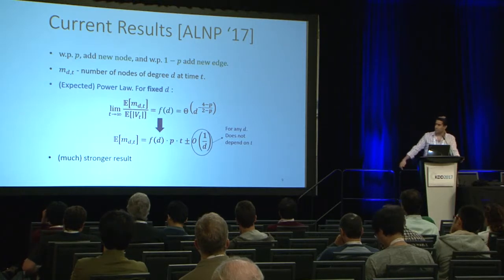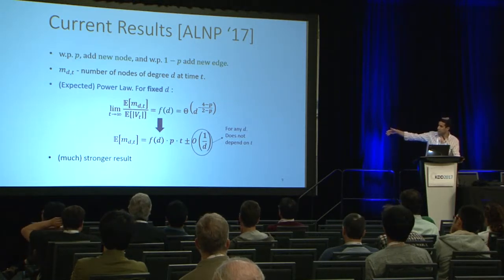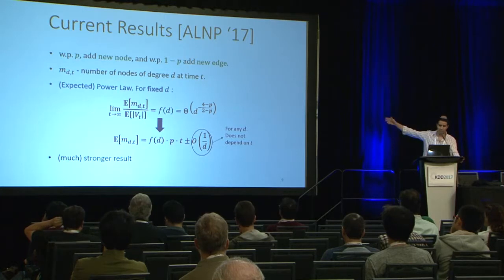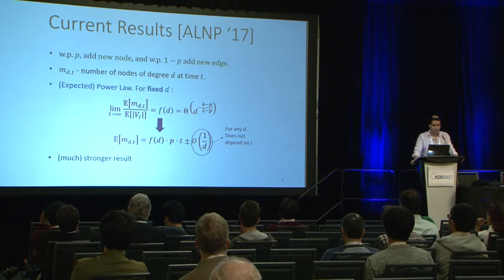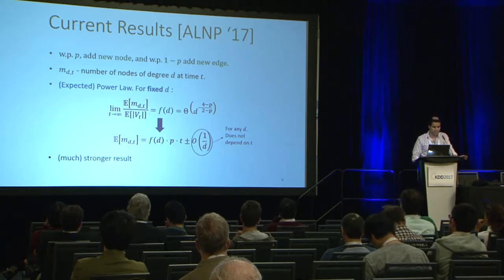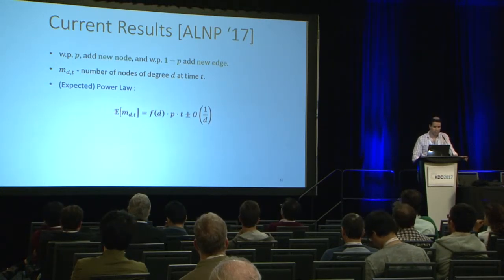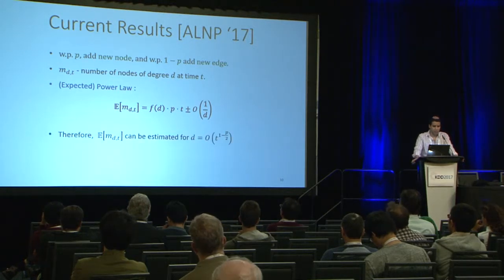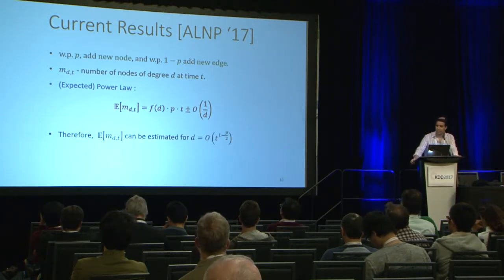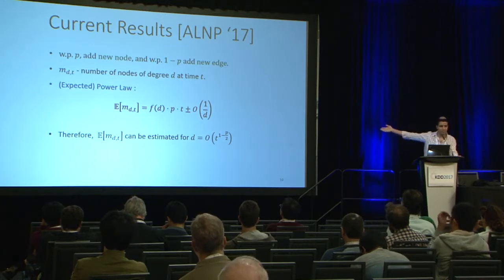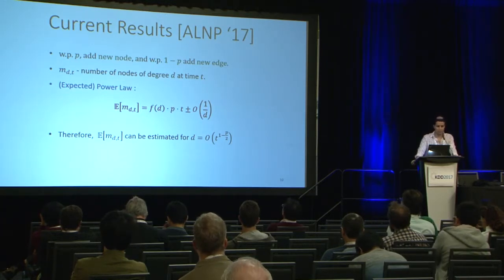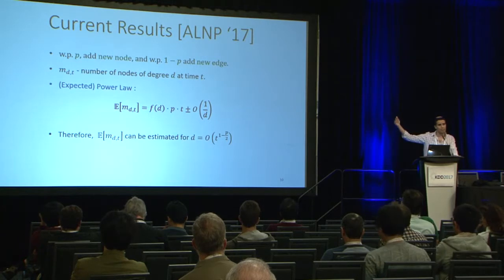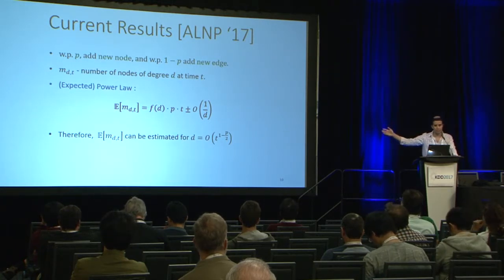So as you can see, obviously our result is stronger because the number of nodes at time t is p times t. So you can, from our result, derive the original one. But it's much stronger than that. If we just look at our result for a bit, in order to get that the estimate is better than the error, it basically means that we can use this result to estimate the number of nodes of degree d for any degree that is O of t to the (1 minus p) over 2.